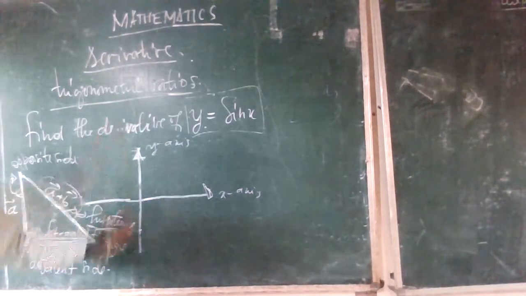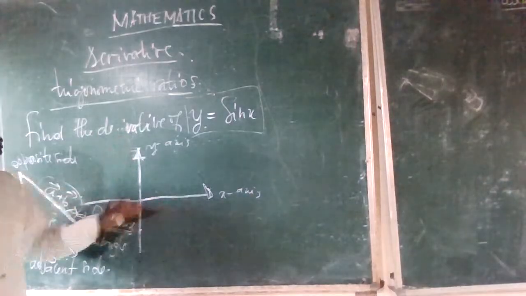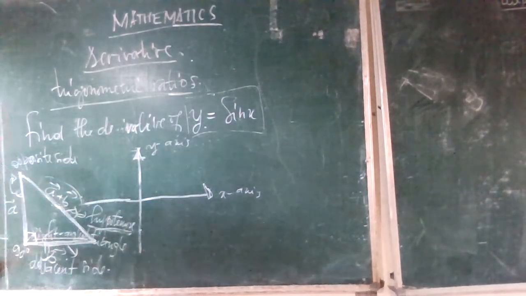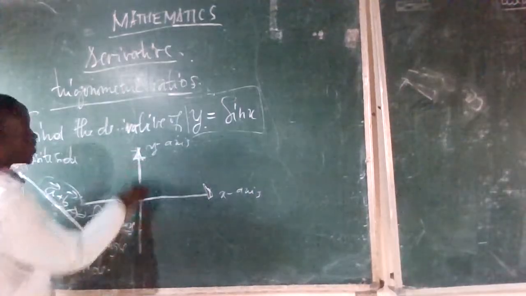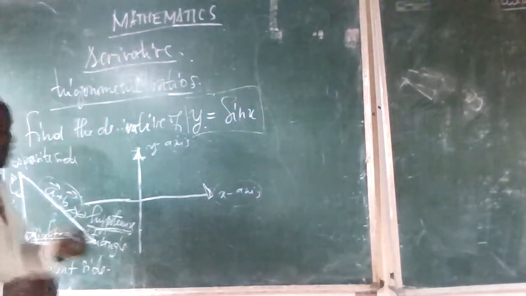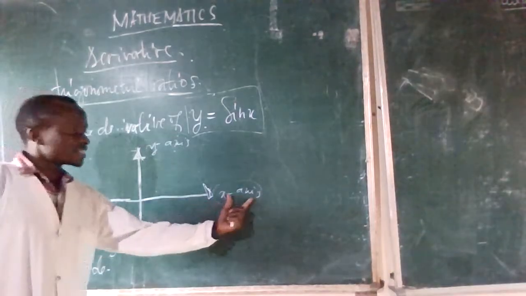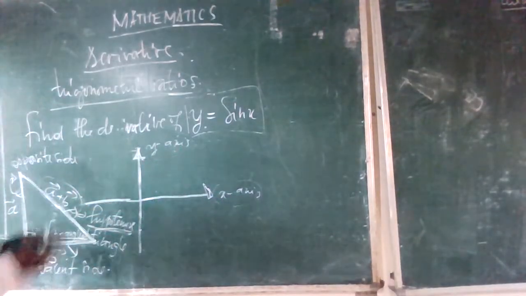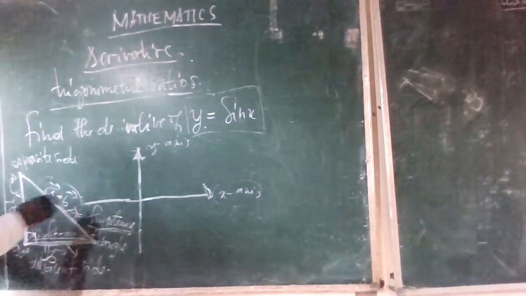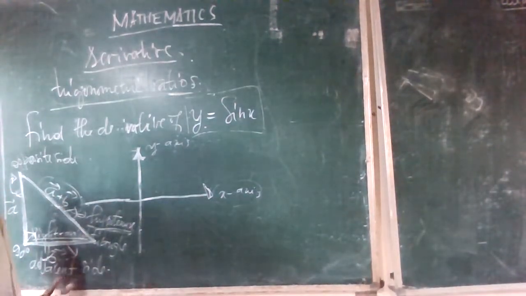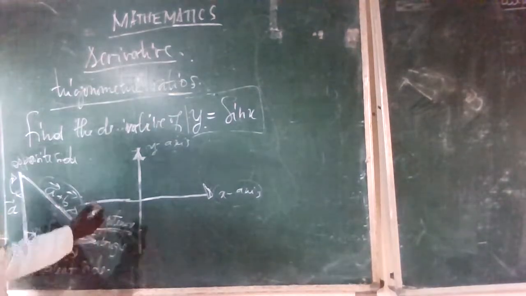Now back to our vertical and horizontal lines. On the horizontal we have the x-axis, and on the vertical we have the y-axis. So what kind of trigonometric function do we have on y?